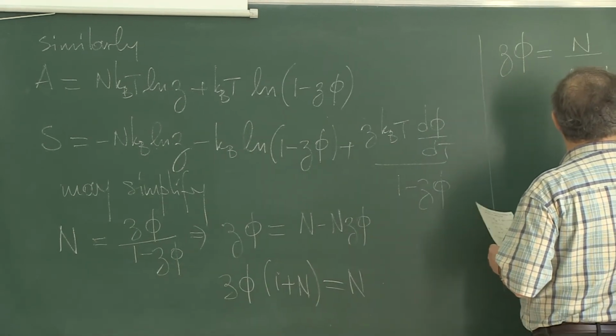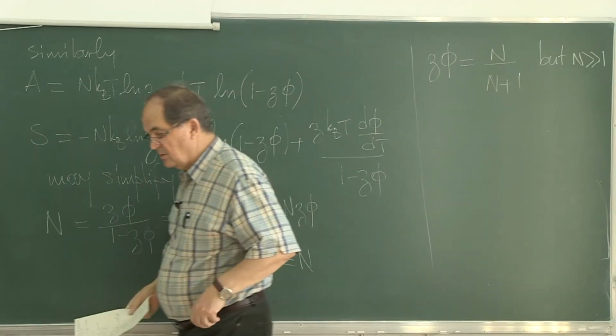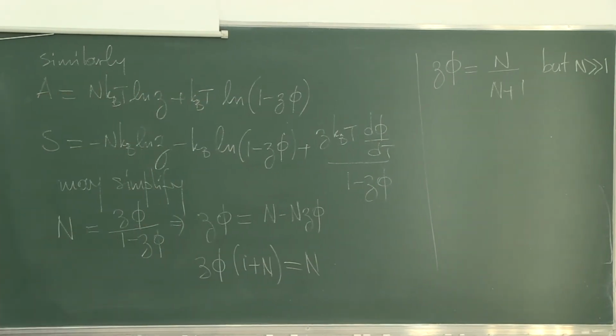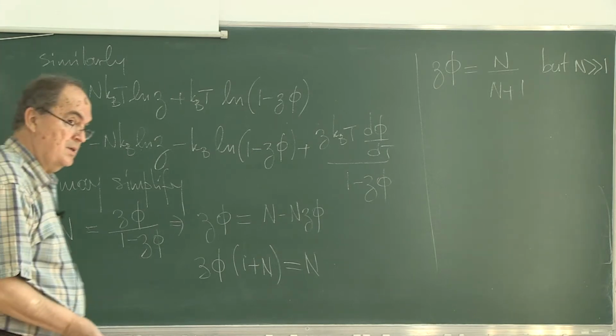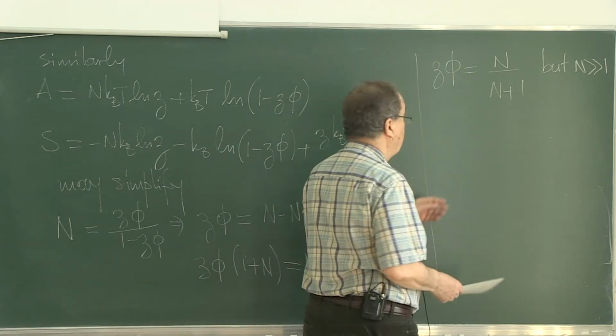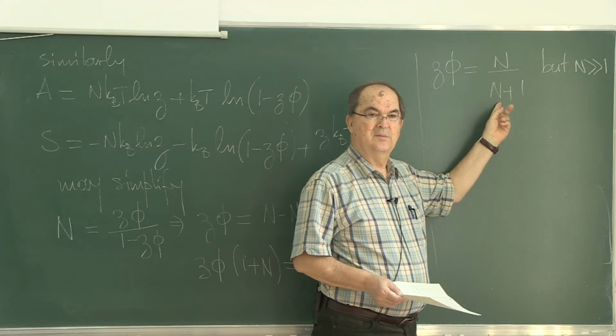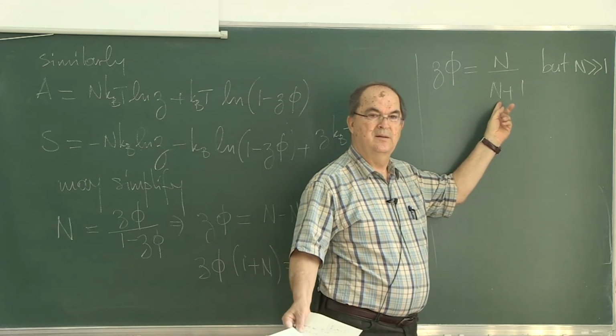And you know n is a very large number of particles in your system, localized particles. Here comes the approximation. Well, you can take n out of the denominator, it becomes 1 plus 1 over n.